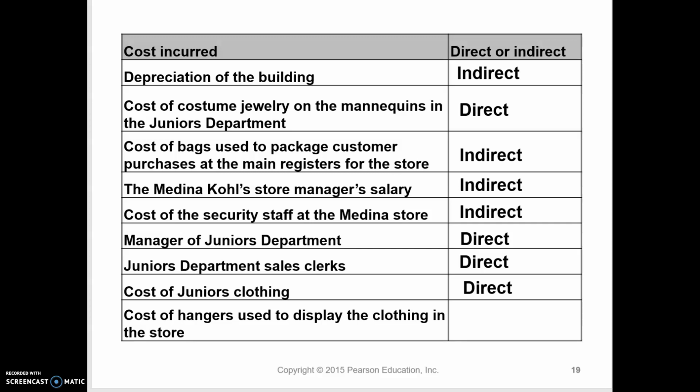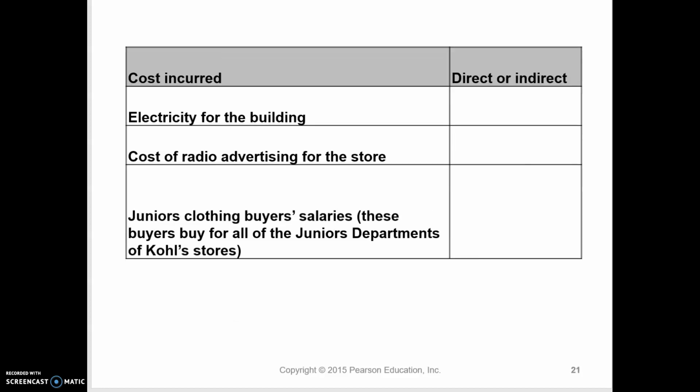The cost of the hangers used to display the clothing in the store, that would be an indirect cost, because some of those hangers are used for juniors, some are used for women's, some are used for men's. Okay. The electricity for the building, that would be an indirect cost. It benefits the entire store.